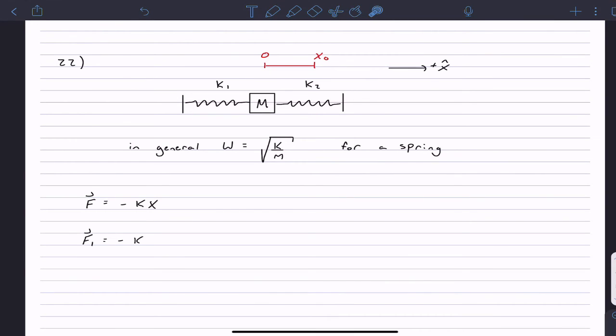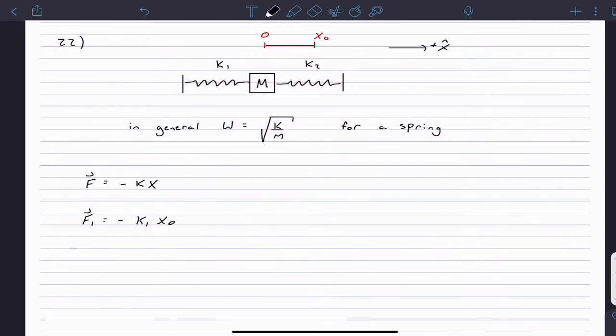So this is k1 x naught for this spring. We're finding the force this spring is going to exert, k1 x naught.